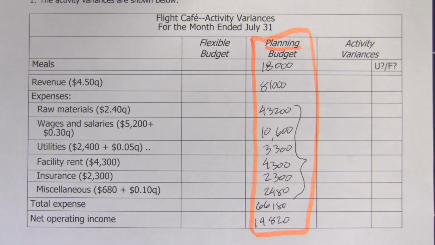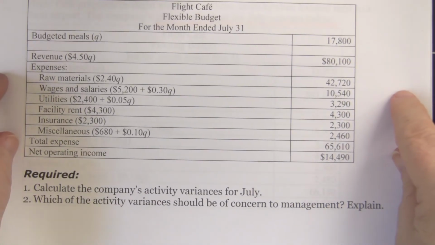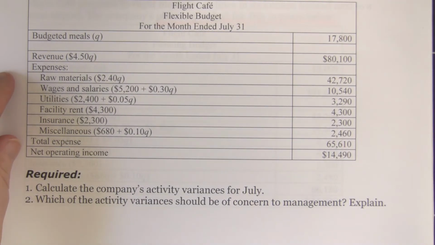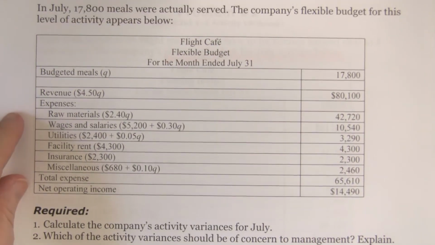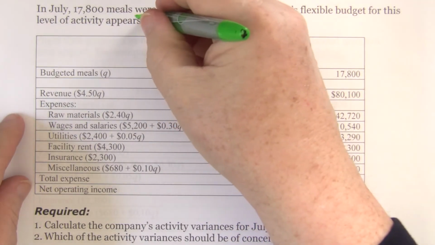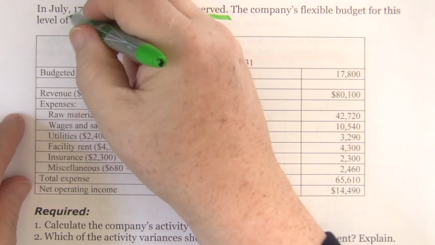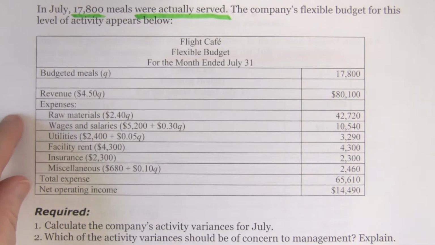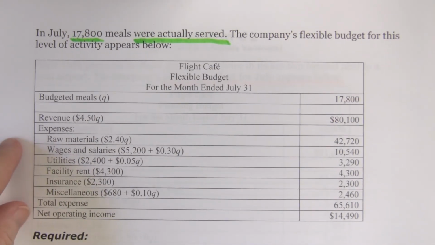Now, the flex budget for the period. They give us that too. They say, okay, here's the flex budget. This is what we actually served. We actually served 17,800 meals.